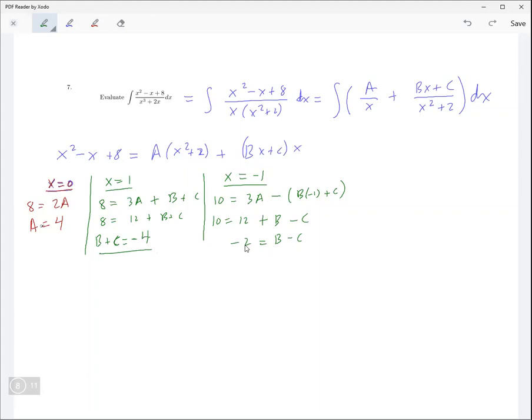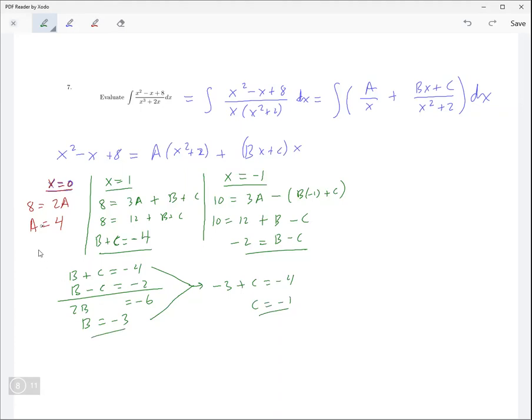Okay, so again, we have this and we have that. If we add them together, then we have 2B equals negative 6. That means B is negative 3. And then if you plug that into here, you get C equals negative 1. Okay, so we got everything.